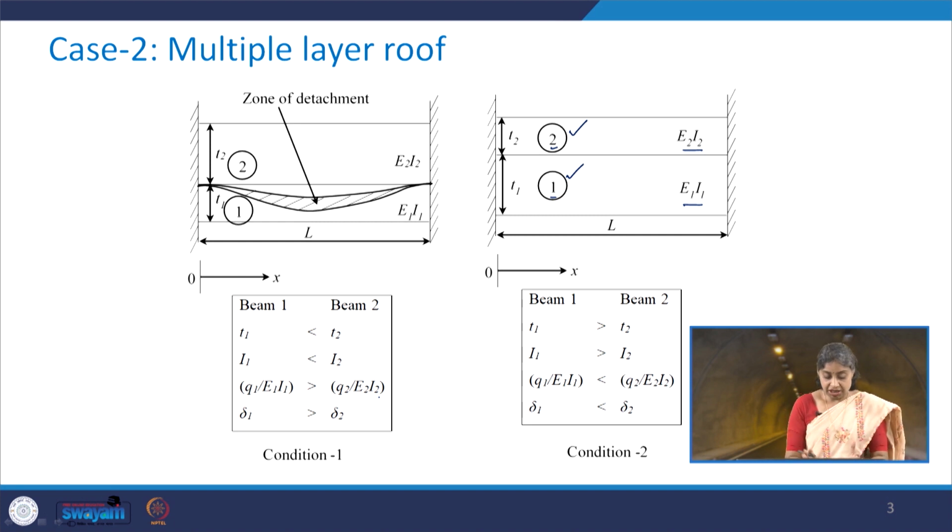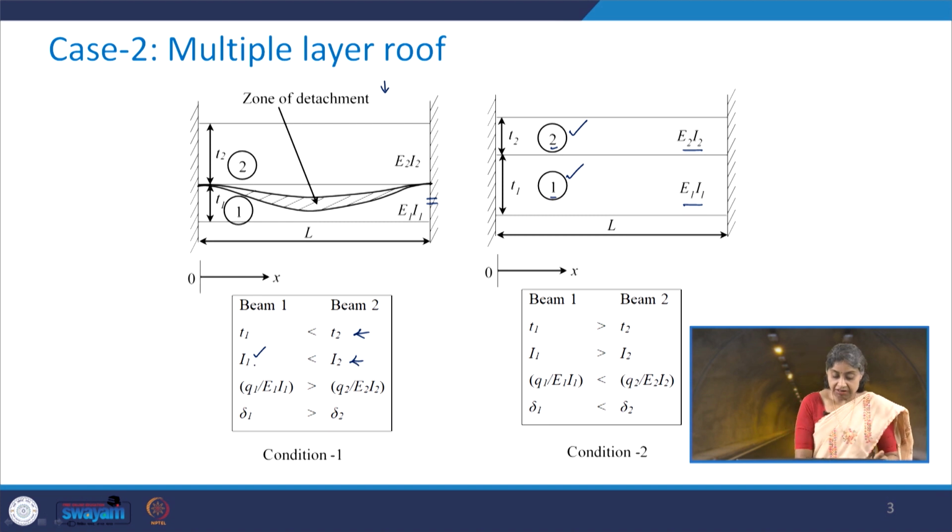Now, take a look at the first portion of this figure, where the thickness of the lower layer, T1, is less than the thickness of the upper layer, T2. So, T1 is less than T2. Since we have assumed that the width of the beam is the same in both cases, the value of I1, the moment of inertia, is going to be less for the first beam as compared to the second beam.